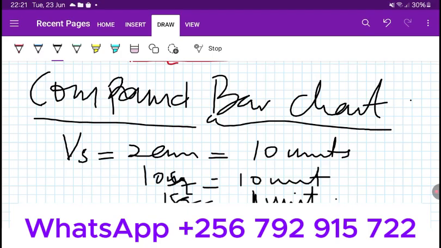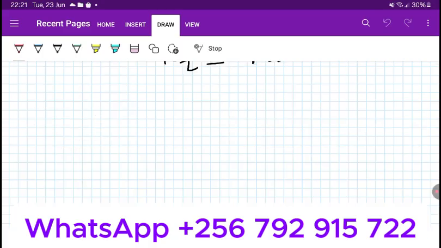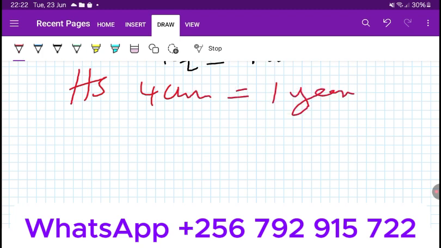Then for the horizontal scale, we said that we are going to use 4 centimeters to represent one year. So we go ahead to draw the graph.